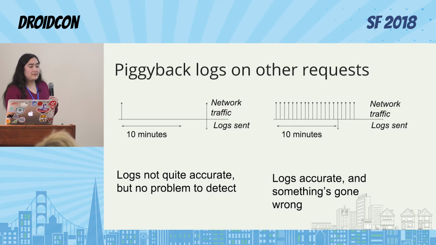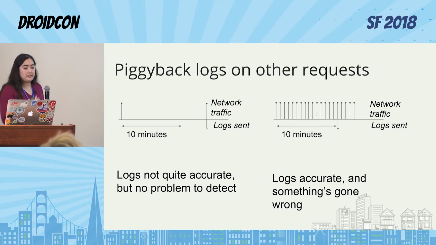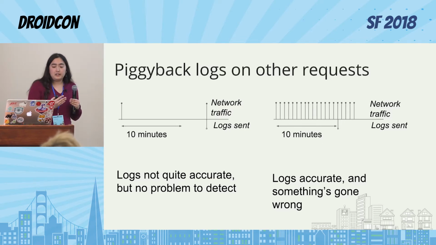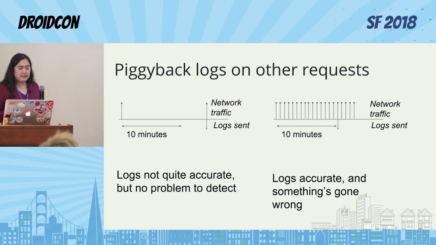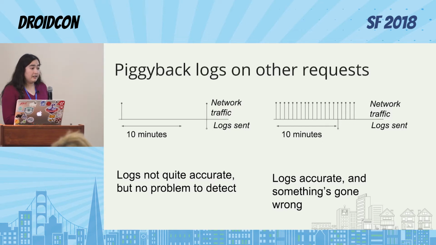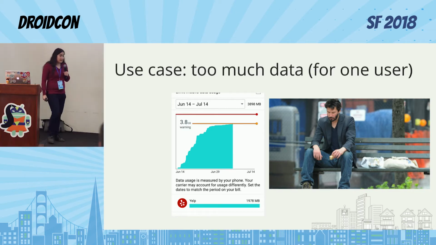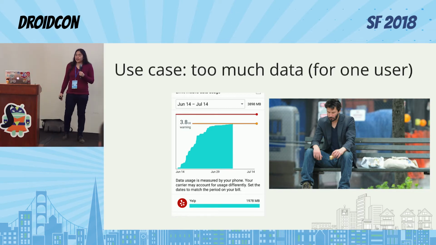It might be nice to know earlier, but in most cases, it probably doesn't matter that much. So we can piggyback on the next time the app sends network traffic. Conversely, if you're just continuously sending data, you'll find out pretty quickly. And so in this way, we can send fairly up-to-date logs without much significant overhead. So that is basically how the network monitoring side of things works.